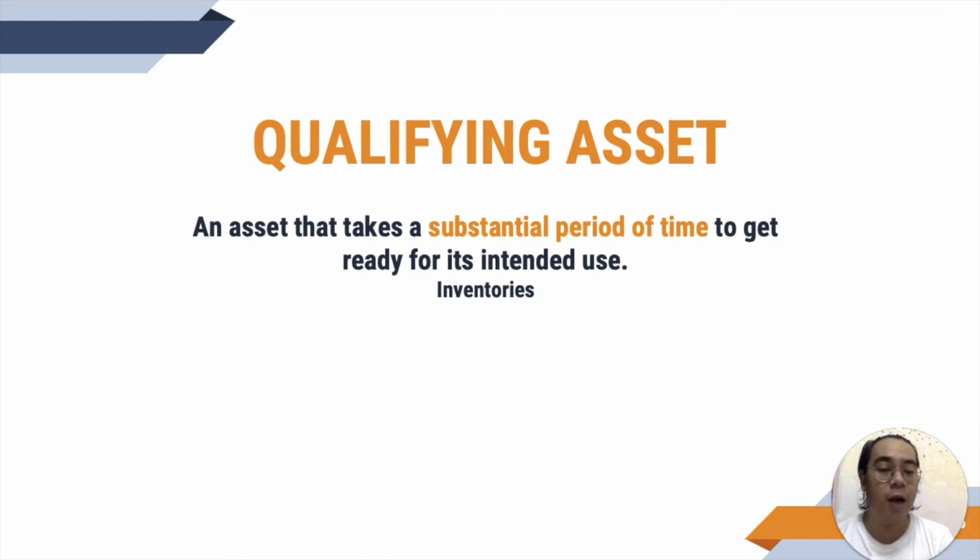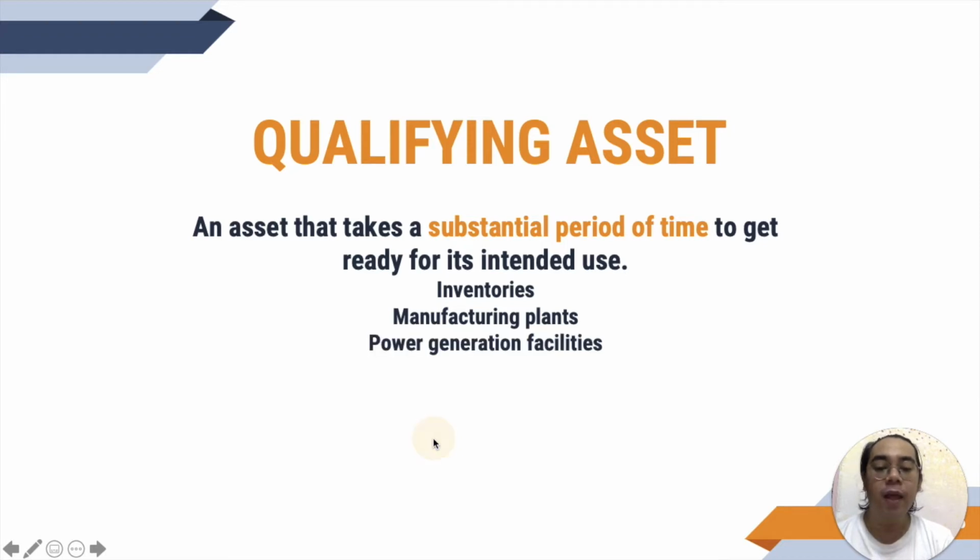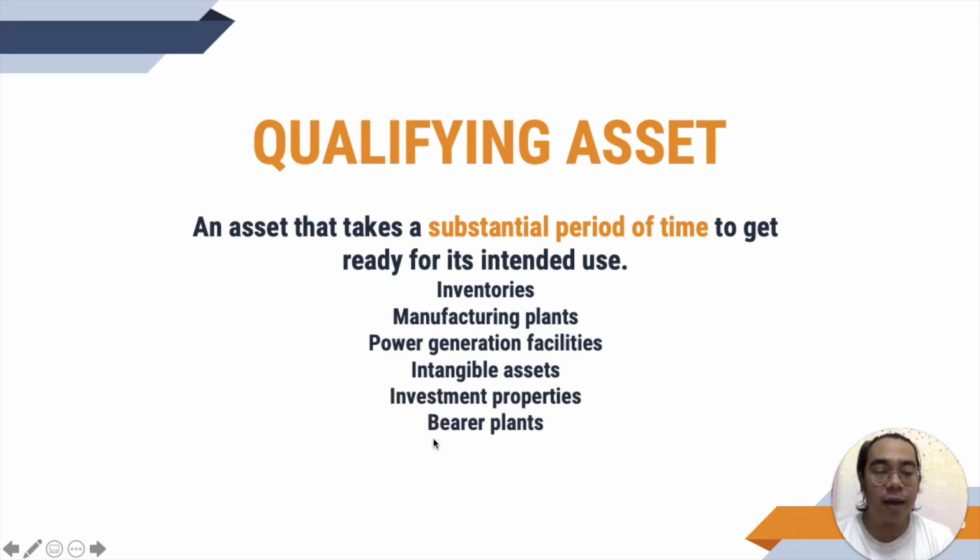For example, wine that takes very long to produce, or maybe cars, power plants, or condo units. So these are qualifying assets. Other examples are manufacturing plants, power generation facilities, intangible assets, investment properties, and bearer plants.